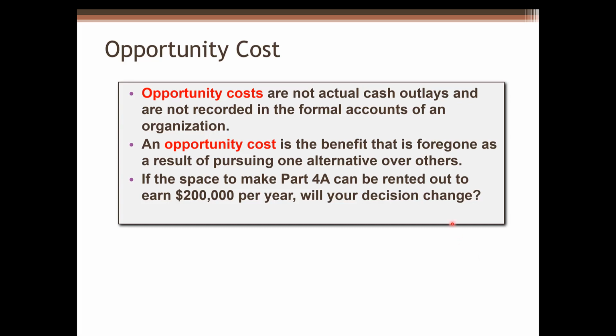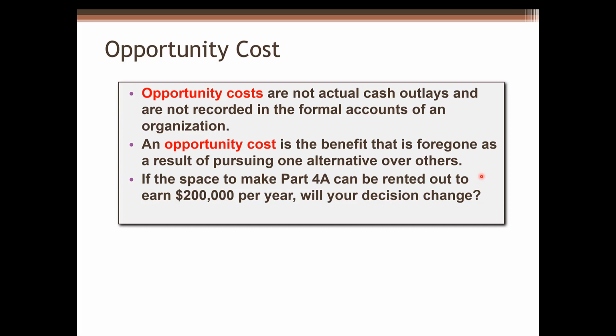But what if ASICS has an opportunity cost? Recall that opportunity costs are not actual cash outlays and are not recognized in the formal accounts of your organization. Opportunity cost is a benefit which is given up as a result of pursuing one alternative over others.